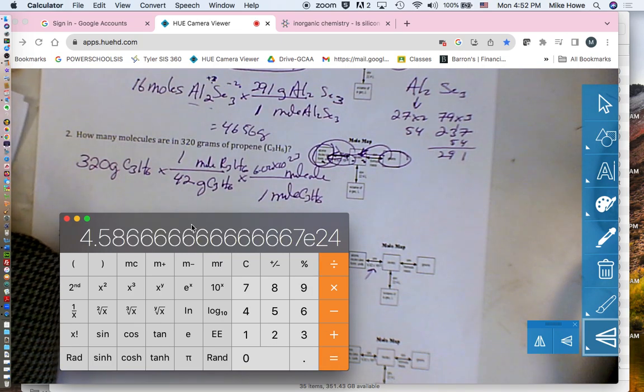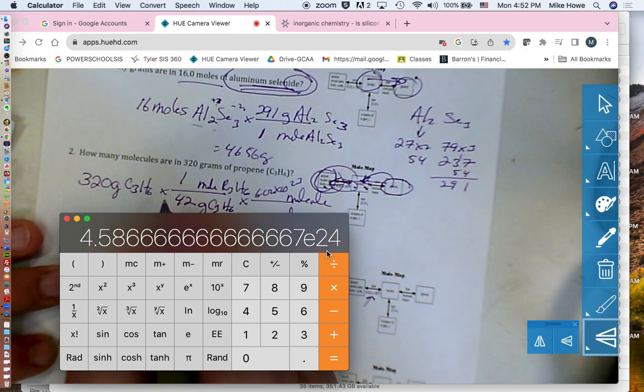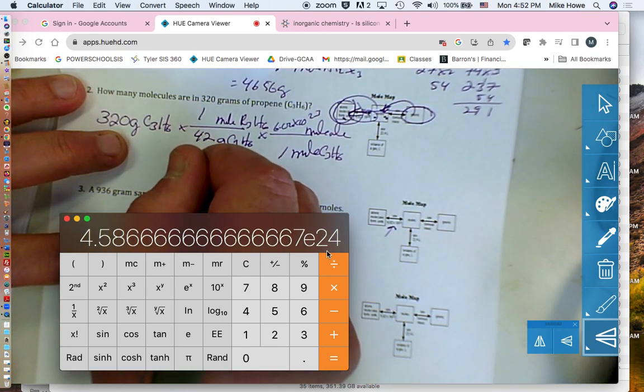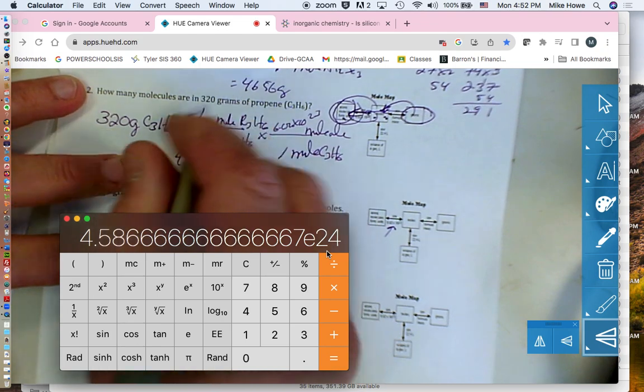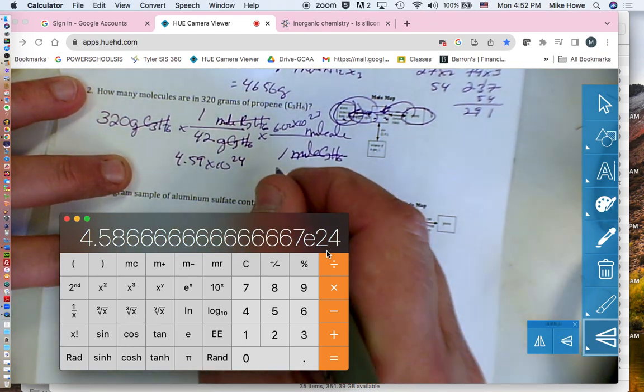So the final answer there is 4.59 times 10 to the 24th. That E means times 10. So 4.59 times 10 to the 24th. See, grams cancel, moles cancel, you're left with molecules.